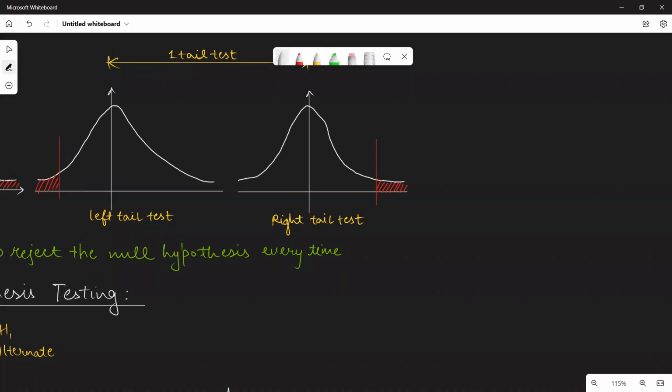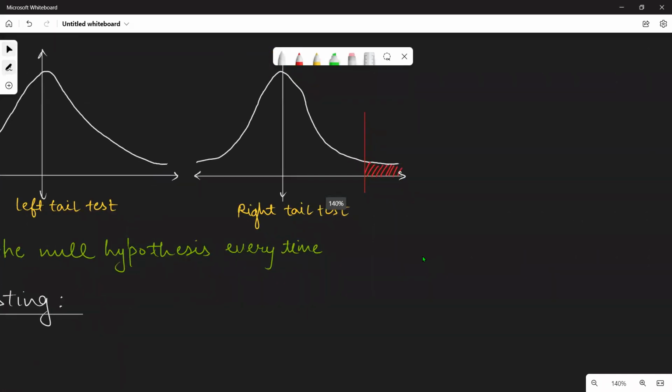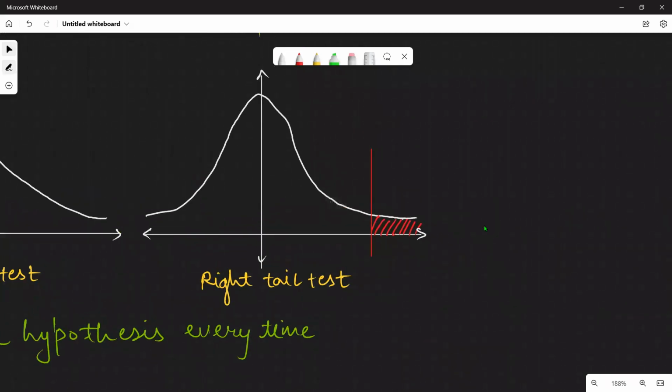What is the question? How do we know whether this value is right? Here I have mentioned arbitrarily that this is the point from where the rejection region starts.